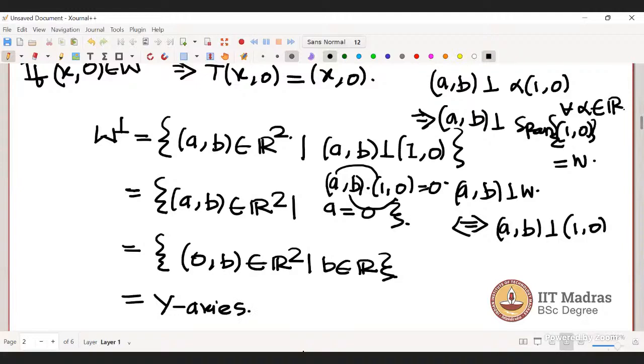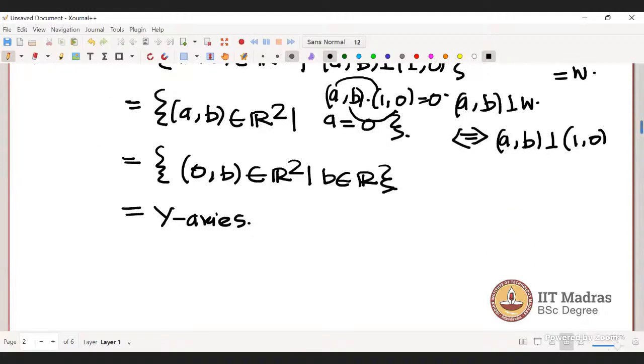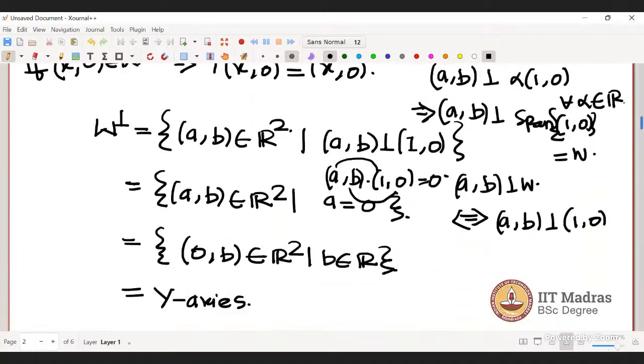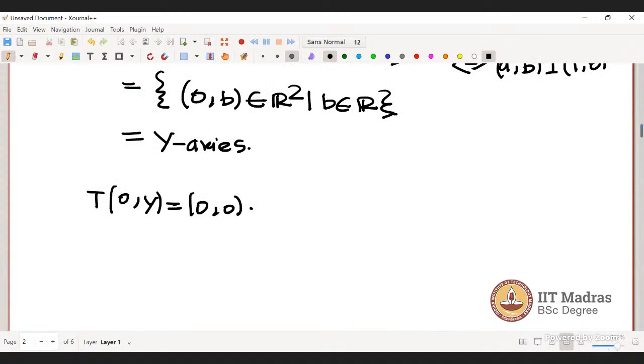Okay. So as you can see, if you pick any element of the y-axis, then the image is precisely 0, right? So for this, we take a standard ordered basis for R square and take the image of that standard ordered basis, and similarly we do it for any transformation.